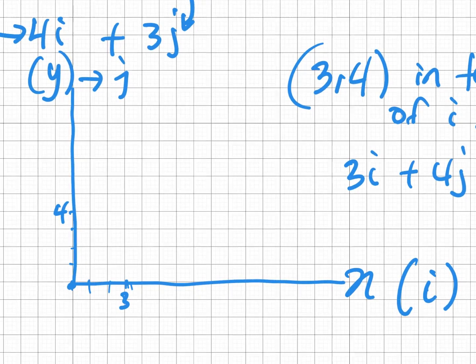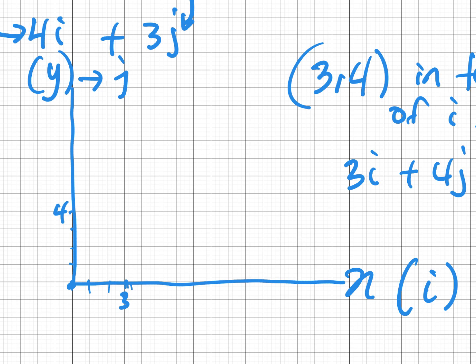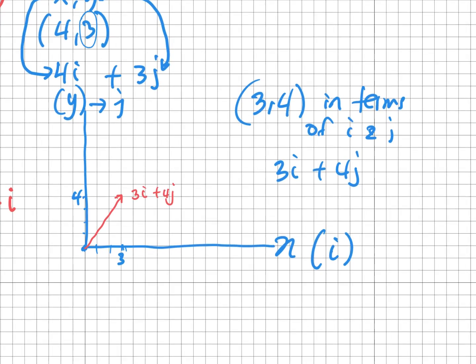So if I'm going to put now my vector for that, it's going to be looking this way. The meeting point is somewhere here, so it's going to be like this. Now let me label this one. This is now going to be your 3i plus 4j. I hope you understand it very well.